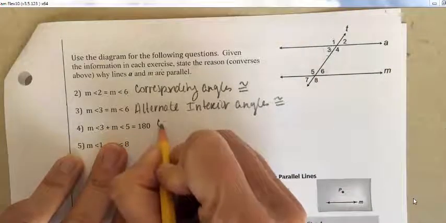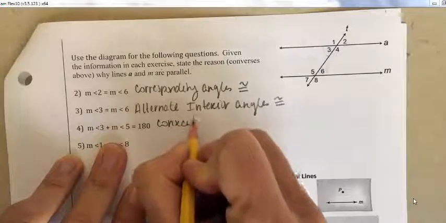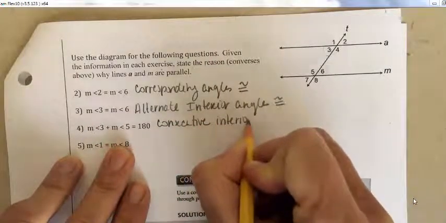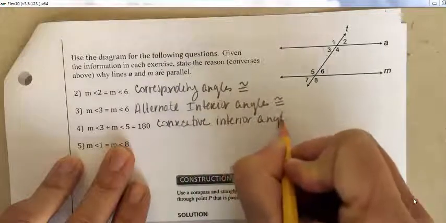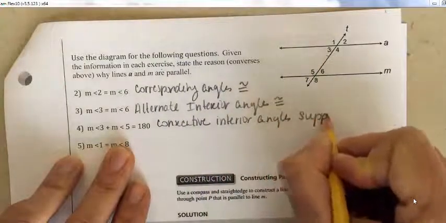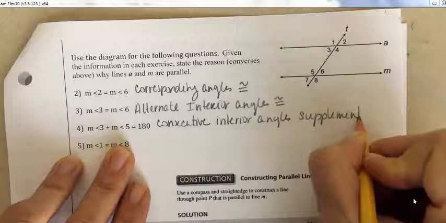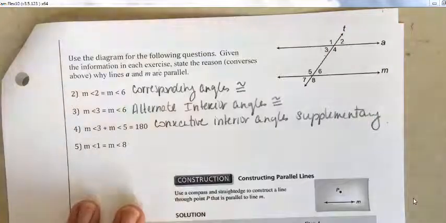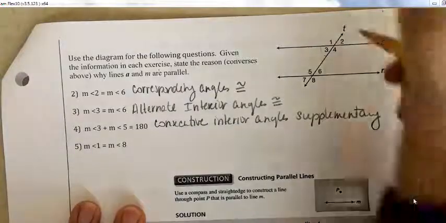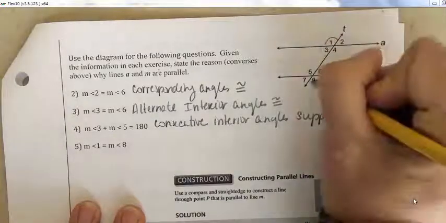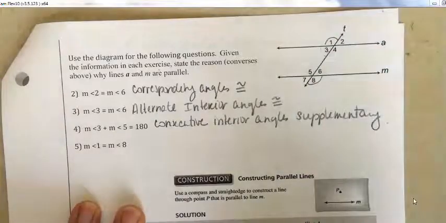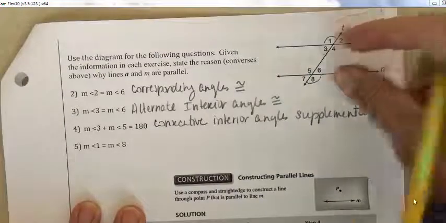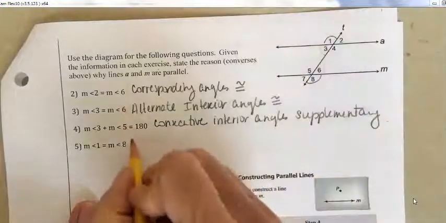So I'll say consecutive interior angles supplementary, or are supplementary. But if I put R in there, I'll probably run out of room, so I'll just leave it like that. And the last one, the measure of angle 1 is equal to the measure of angle 8. Well, that tells me that these two lines are parallel because alternate exterior angles are congruent.